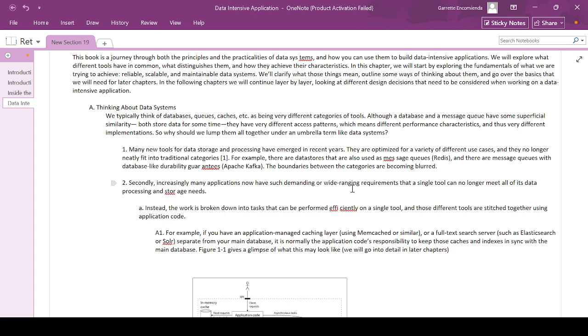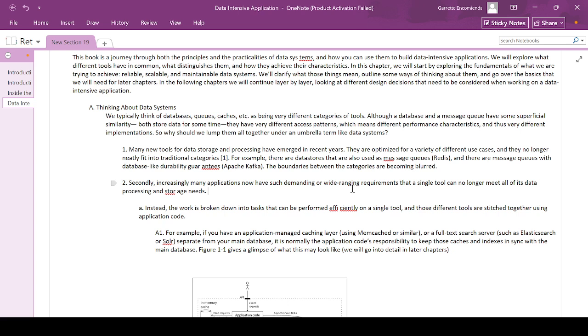First, many new tools for data storage and processing have emerged in recent years. They are optimized for a variety of different use cases, and they no longer neatly fit into traditional categories. For example, there are data stores that are also used as message queues, like Redis, and there are message queues with database-like durability guarantees, like Apache Kafka.